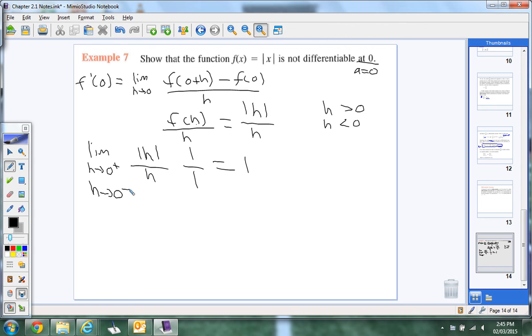Negative 1, right? If I put in negative 1 for h, I would get 1 over negative 1. So we see the issue, okay? The limit doesn't exist by our definition. Therefore, f prime of x does not exist.